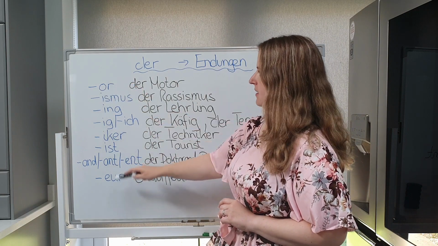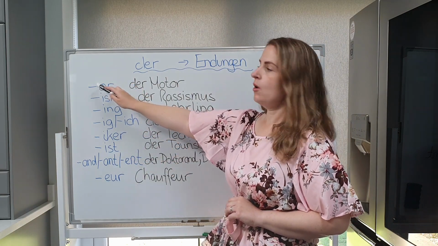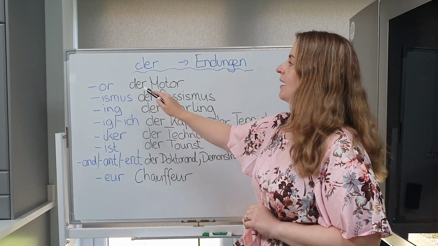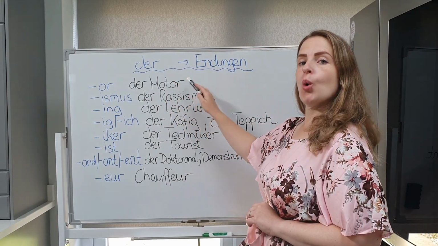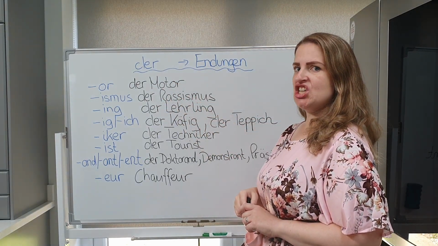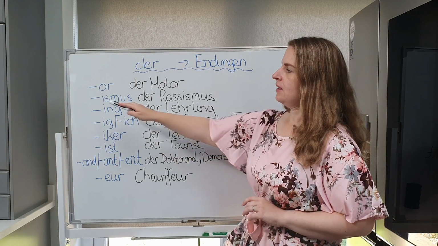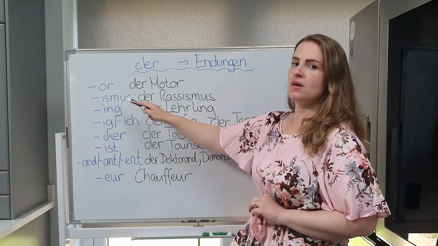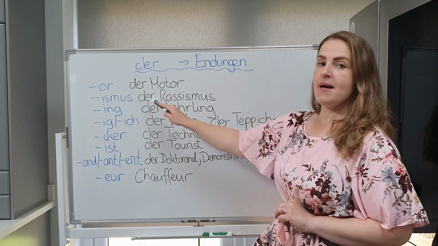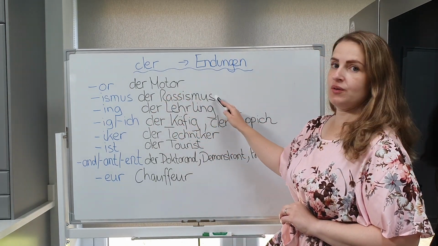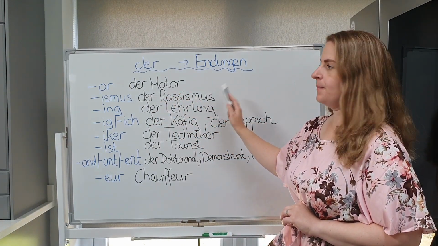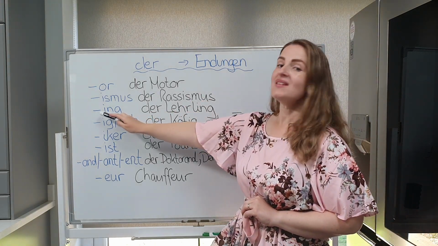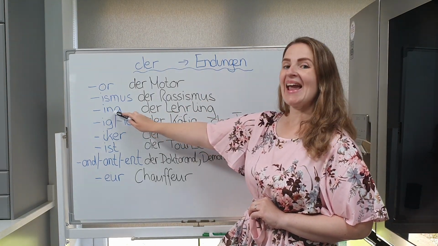These are our endings. First one, or, from der Motor, the engine. Words ending with ismus. For example, der Rassismus, the racism. Words ending with ing.